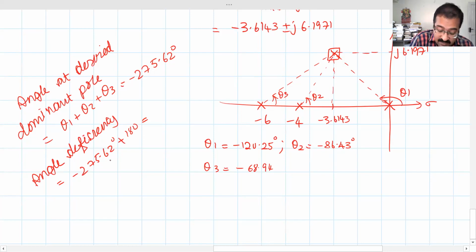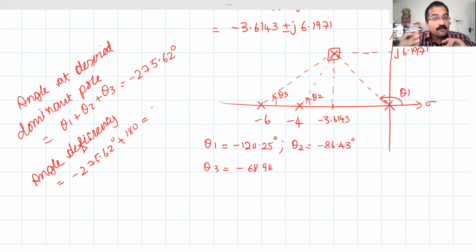When you do this, you will get a value of minus 95.62. Keep in mind minus 95.62 is the negative angle, so that should be cancelled by the compensator zero angle. So the angle deficiency will be plus 95.62.